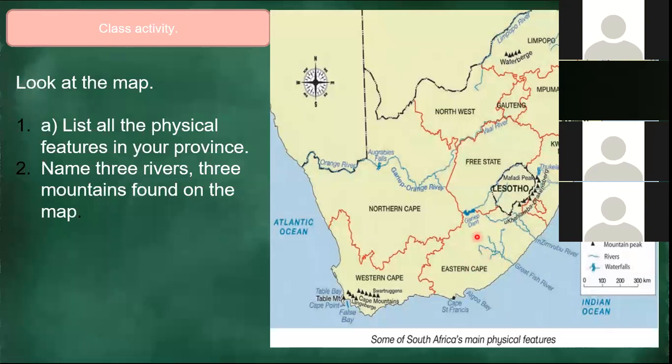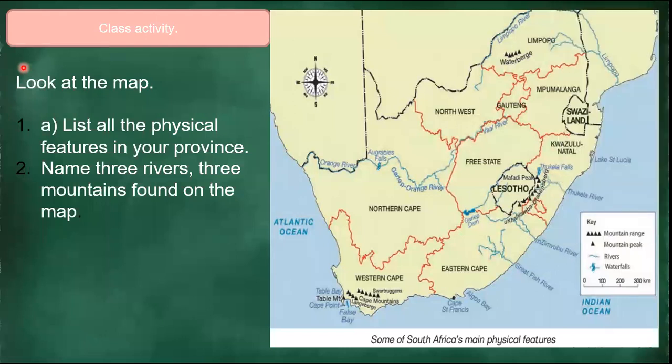Okay, can we get another participant? Okay, Tabiso. Ma'am, the Table Mountain, ma'am. I'm naming the mountains first, ma'am. Waterberg, ma'am. Which province? Limpopo, ma'am.